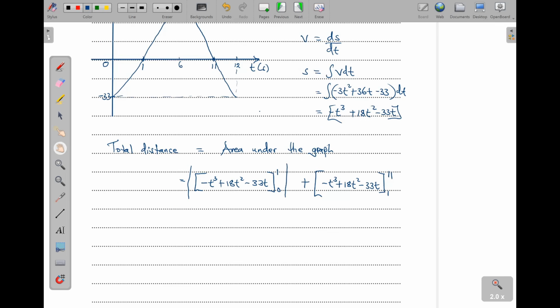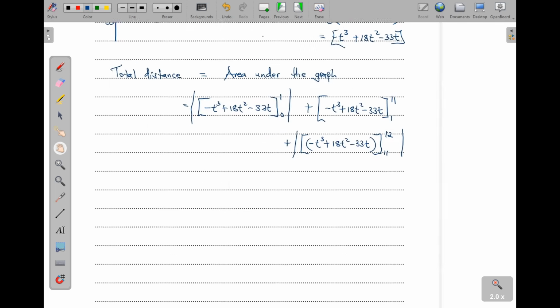And then lastly, we are going to put plus the modulus of negative t cubed plus 18t squared minus 33t. This one is moving from 11 to 12, and then we can put it in the modulus signs.